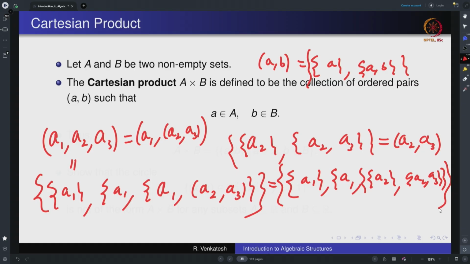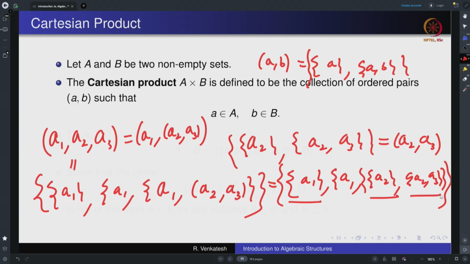Okay. So, now I know how to read this. First I pick A1, that is the first position element, then I pick this A2, that is the second position element, then I have this A3 which is the third position element.